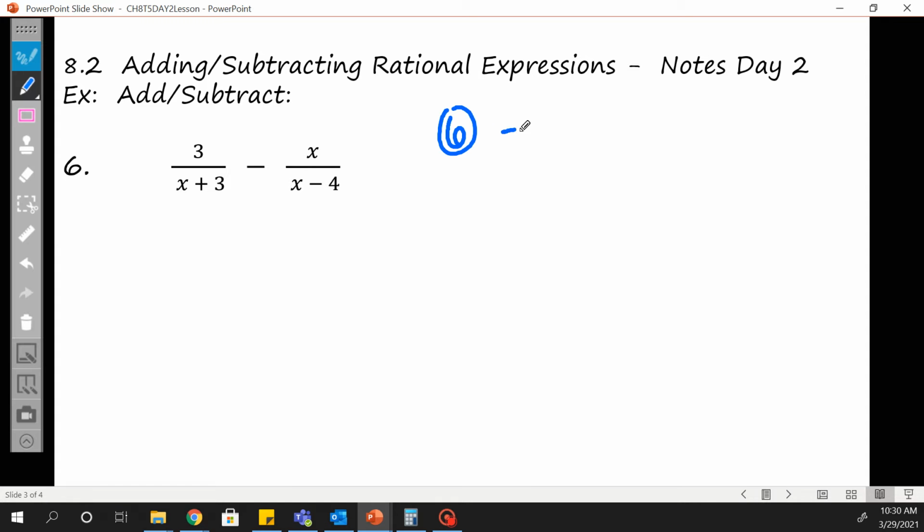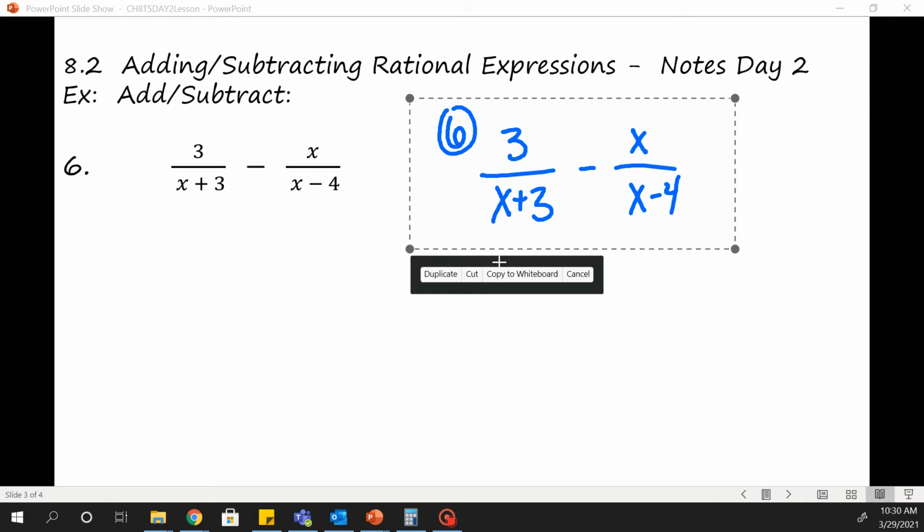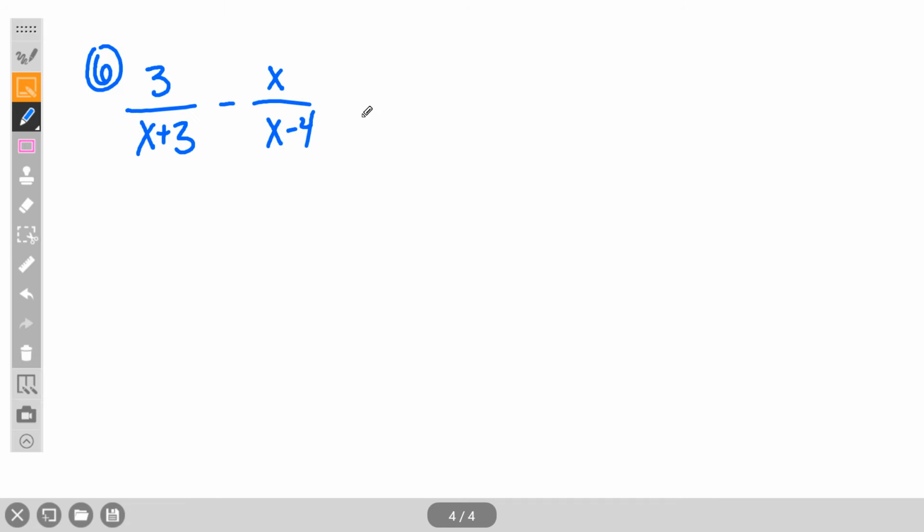Number 6, we have 3 over x plus 3 minus x over x minus 4. Now, unfortunately, neither of these factor. x plus 3 doesn't factor, x minus 4 doesn't factor. So we're looking for the LCM of x plus 3 and x minus 4.